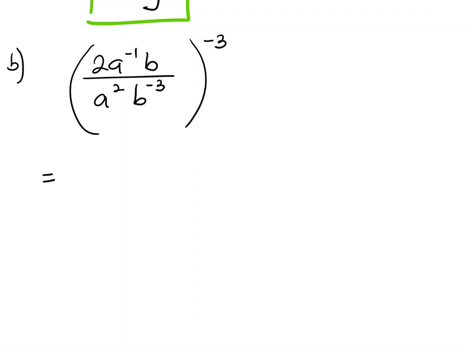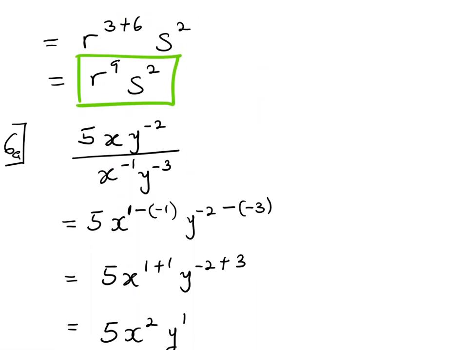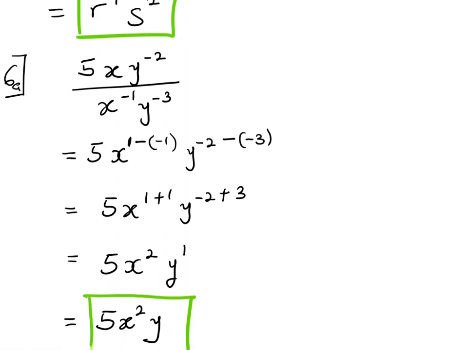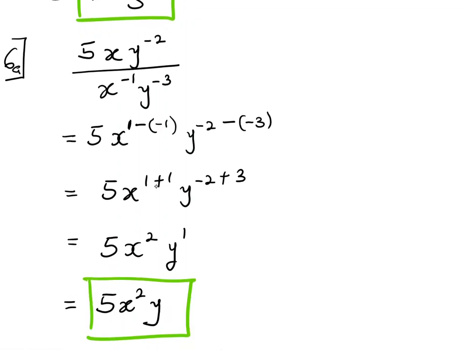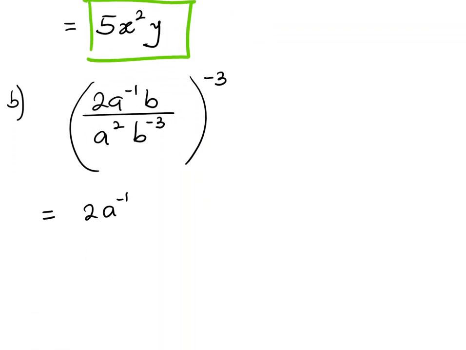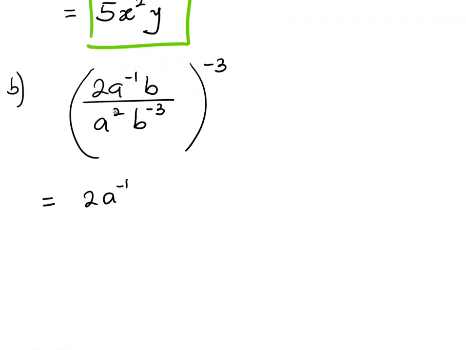So by now, I'm going to just tell you that this is 2, then this is a raised to power -1. So you would have seen that when this comes up, if it is negative, then it becomes positive here. And if it is negative, it becomes positive here. And if it is positive, it will become negative when it gets to the numerator side. So which means this +2 becomes -2.